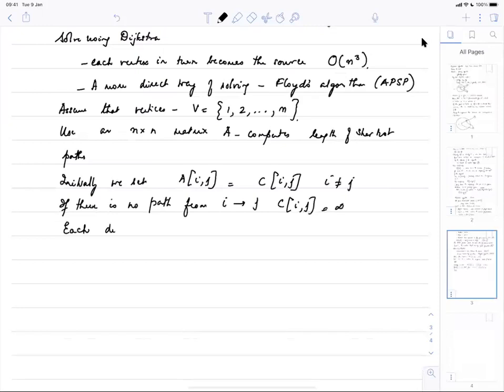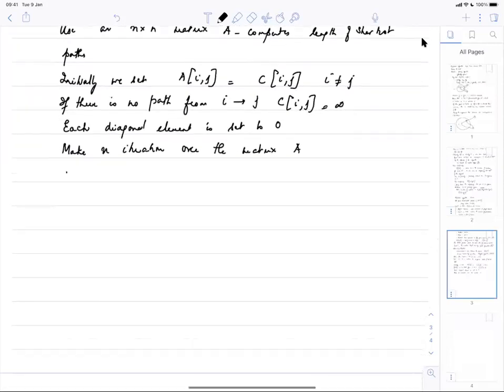Each diagonal element is set to 0. Then we make n iterations over the matrix A. We'll see an example, okay?